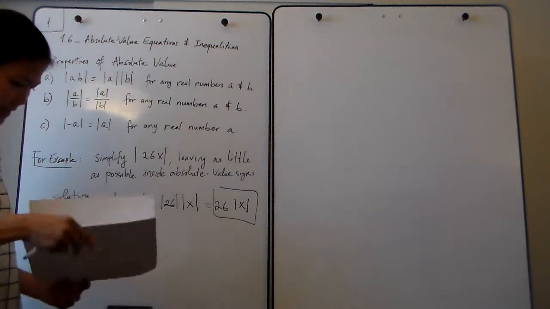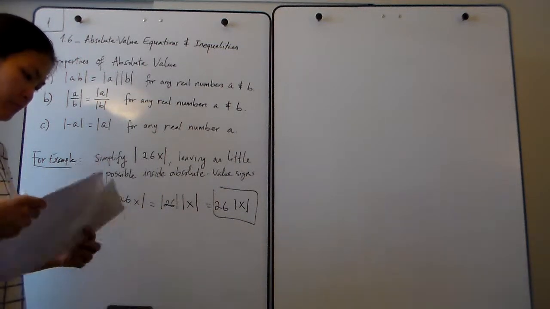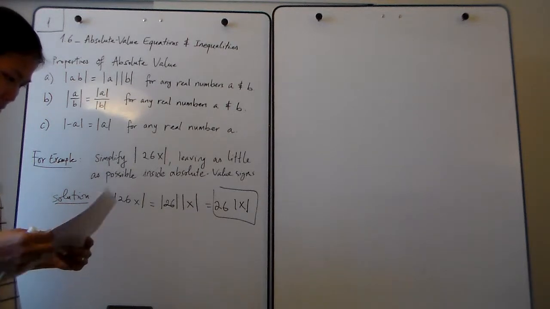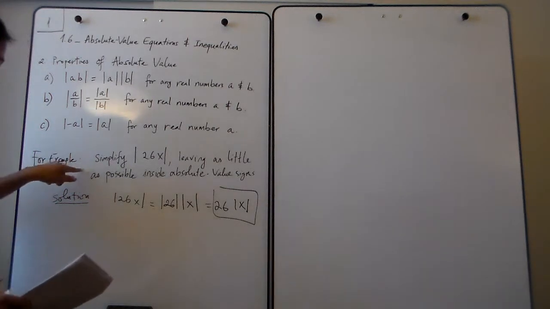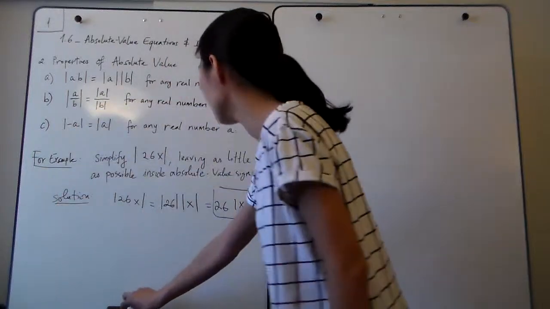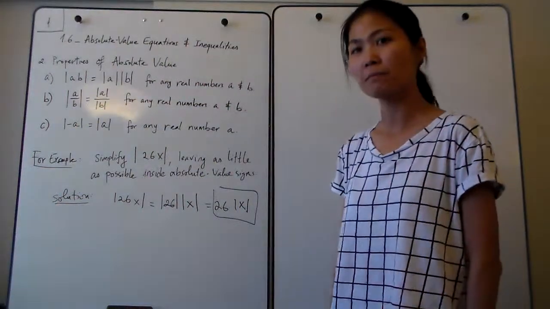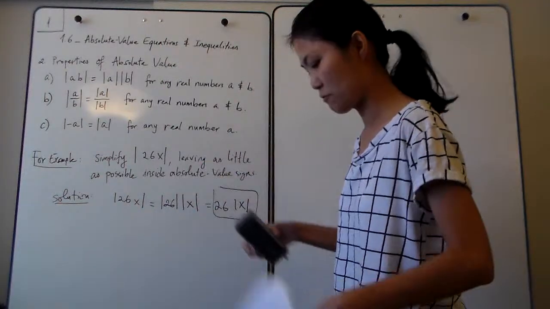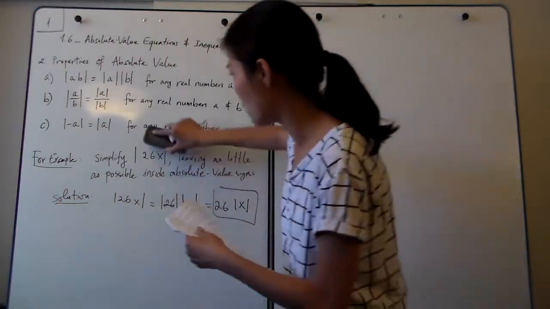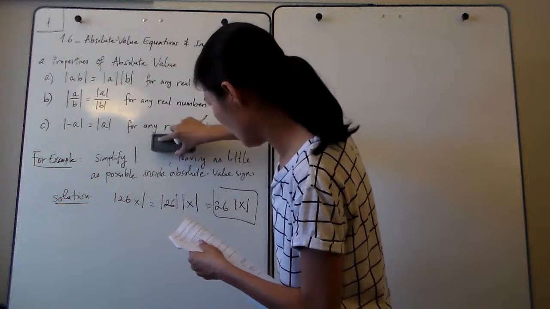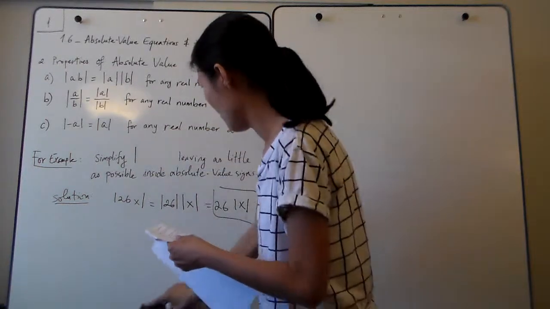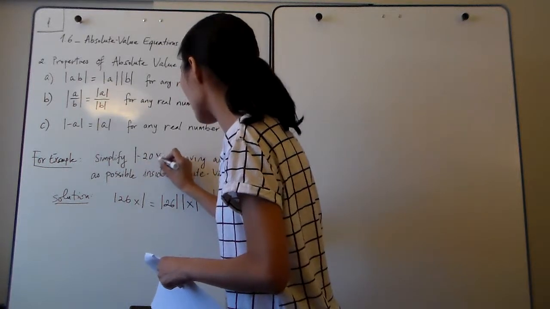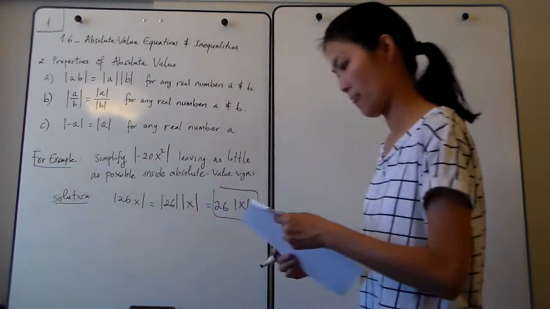I have another example. Same question, so I'll let you copy this problem. Same question, different absolute value. For this case, it's going to be the absolute value of negative 20x squared, okay?